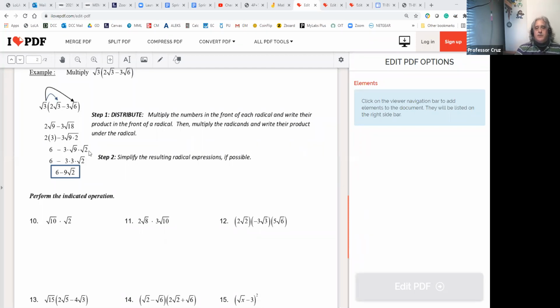Square root of 9 times the square root of 2. Square root of 9 is 3, and that multiplies. Until it comes out of that radical, it does not affect the number in front. So 3 times 2 is 6, and 3 times 3 is 9, and then the square root of 2 follows along with it. And there we got 6 minus 9 square root of 2.